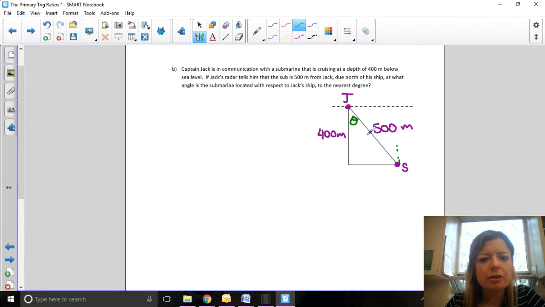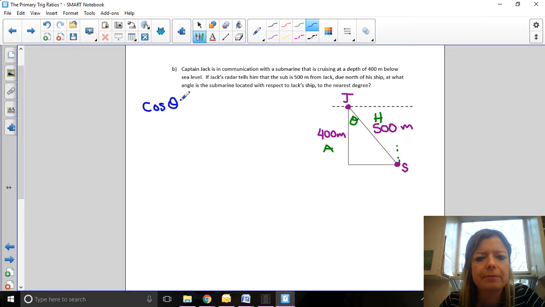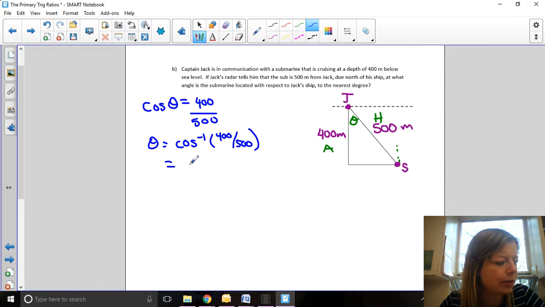Here. So notice that we know adjacent and hypotenuse, so we want to use cos. So the cos of theta is equal to adjacent, 400, over hypotenuse, 500. Okay, so then our theta, we just take the inverse cos of 400 over 500, and that gives us 36.87 degrees, so 37 degrees.